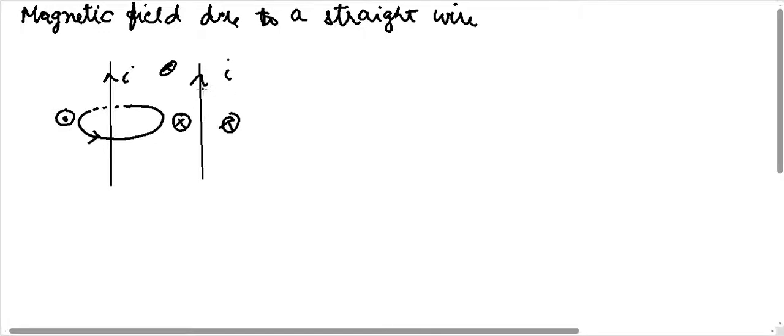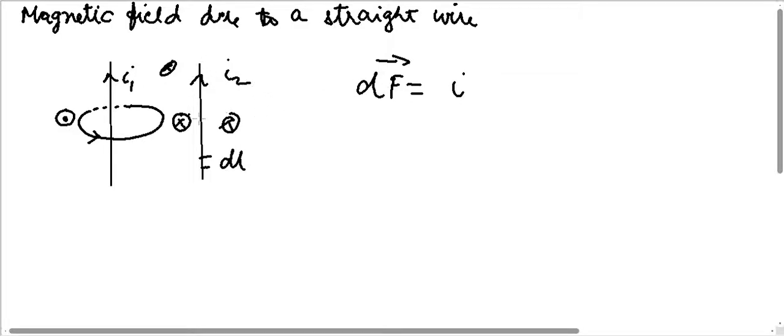if a current carrying wire is placed in any magnetic field, it experiences a small force dF. So any small length dl will face a force. Suppose this current is I1 and this current is I2.